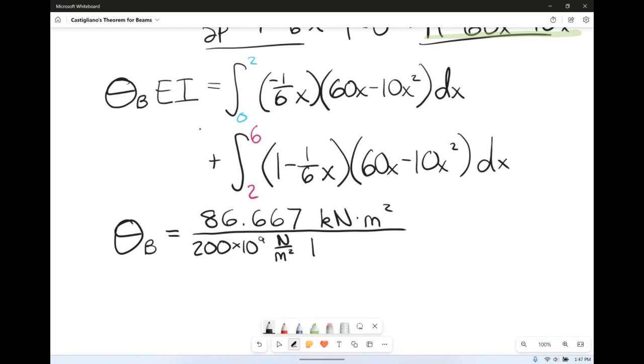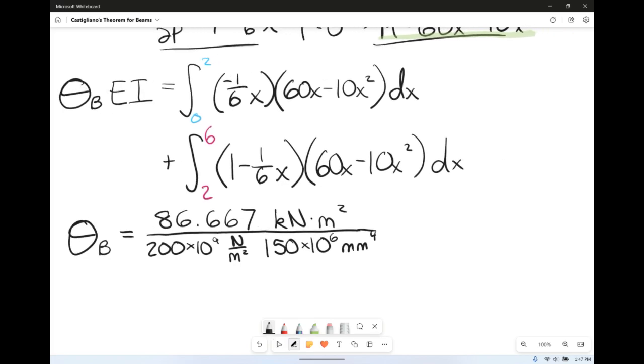Then we have I, we said was 150 times 10 to the 6 millimeters to the 4th. So our units are all over the place. We've got newtons and kilonewtons, we've got meters and millimeters. So let's try to get rid of some. So we know that we have 1,000 newtons in 1 kilonewton.